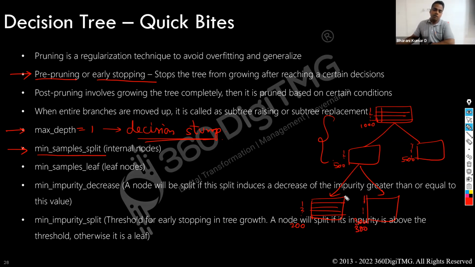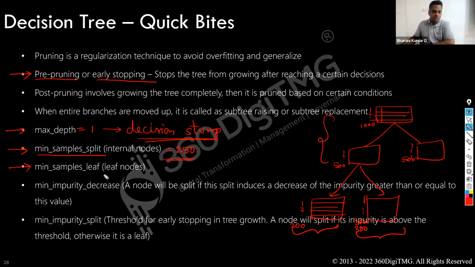Now, if you say that minimum samples split should be 250, meaning minimum I need 250, otherwise I won't split. Would it split here? No, because you have less than 250. Would it split this branch? Yes, because you have more than 250.